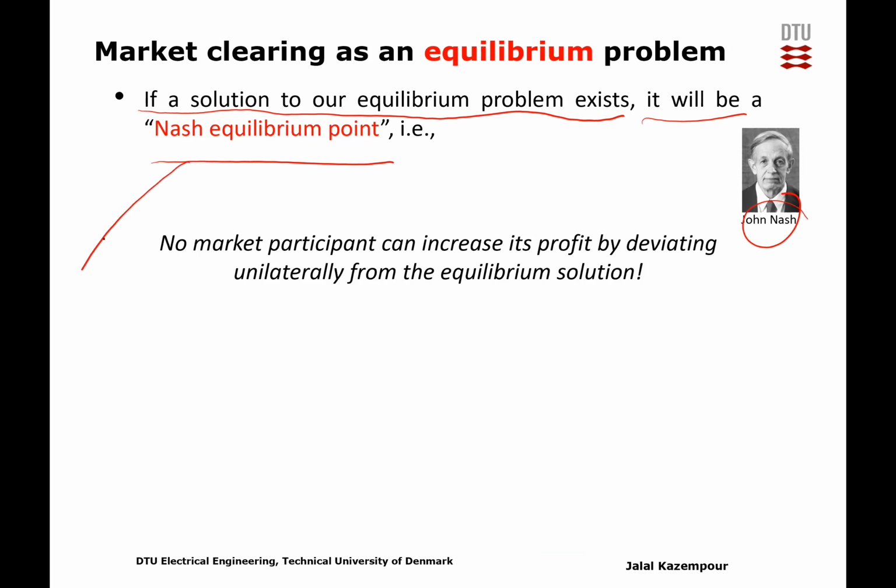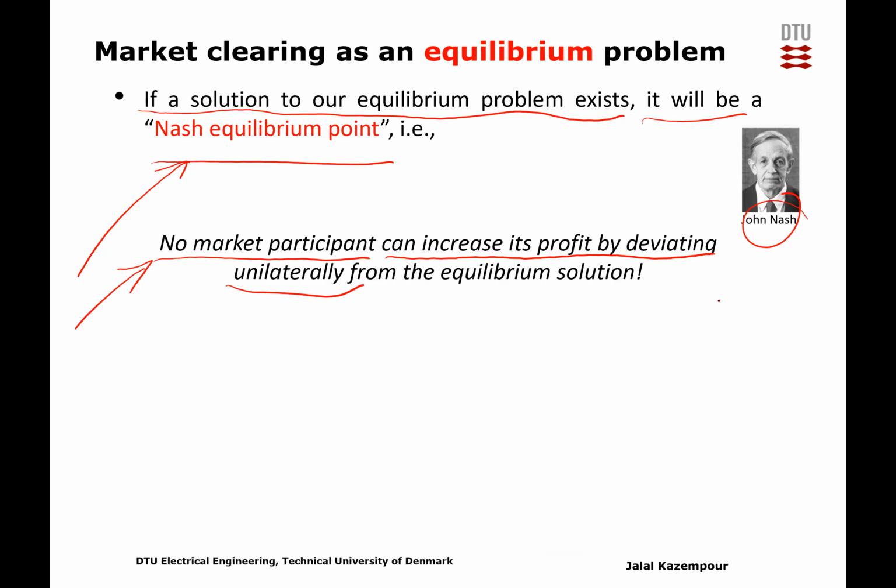But what do we mean by a Nash equilibrium point, which is the solution of our equilibrium problem? It's a market clearing outcome under which no market participant, neither G1 nor G2 nor D1 nor D2 nor the price setter, can increase their profit or utility or their objective function by deviating unilaterally from the equilibrium point.